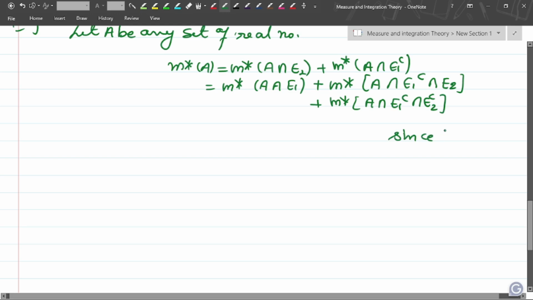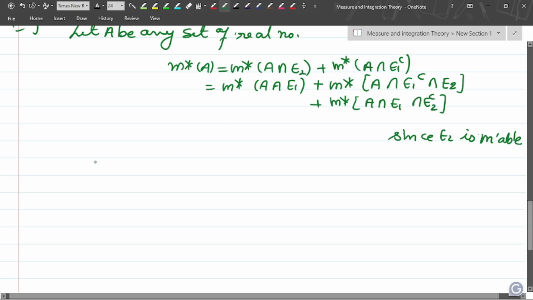Since E2 is measurable, we can write it in this way: if we want to find the union of E1 and E2, then the outer measure of this complement we can write as intersection with this and intersection with this. Here E1 is not complement, here E1 is not complement.